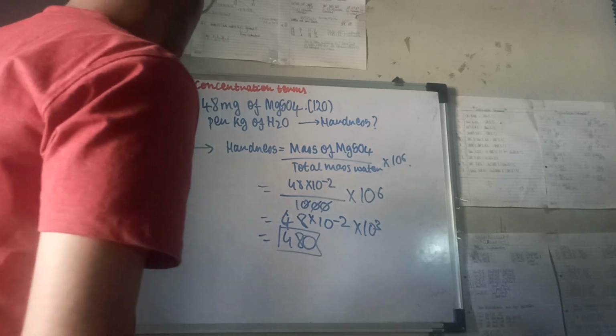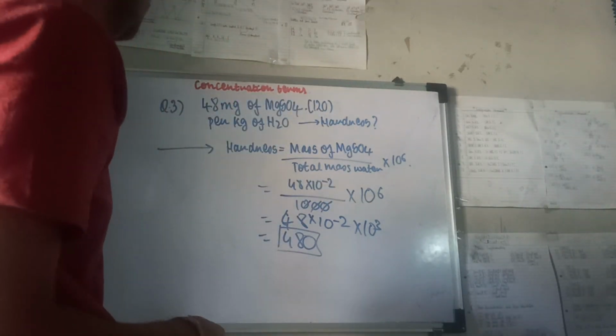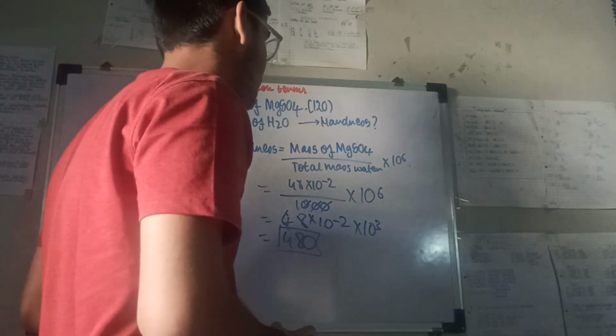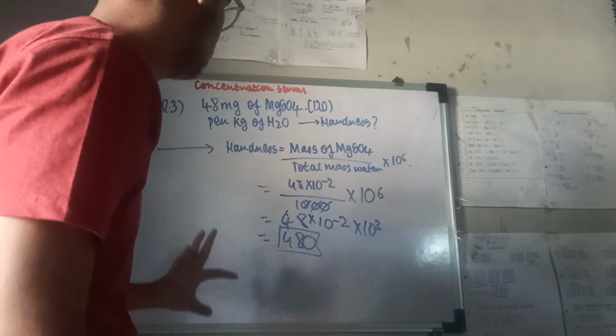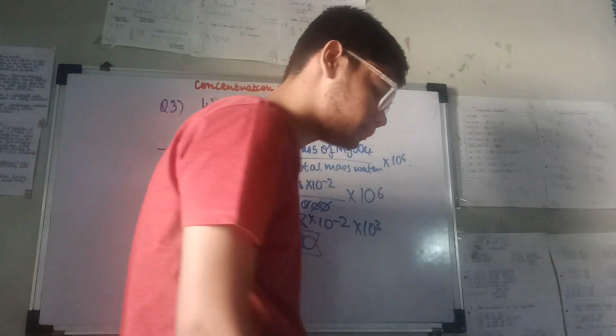I am not understanding why they are giving the molecular weight of that, but in hardness we generally use the mass of MgSO4. Let me confirm this question, or you can solve and comment with the answer.